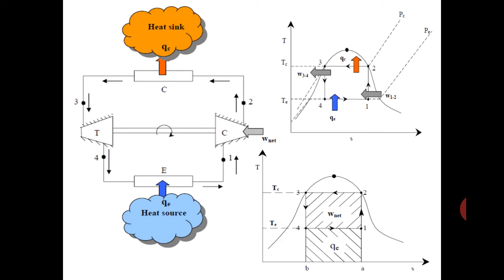In the Carnot refrigeration system, this is the TS diagram. We have seen that now the process 4-1 is very important. What happens in the evaporator is that the evaporator will absorb the heat from the surrounding. The refrigerant which is flowing through the evaporator will absorb the heat from the surrounding and the refrigerant will evaporate. At point 4, the refrigerant is a mixture of liquid and vapor, but mostly it is liquid.